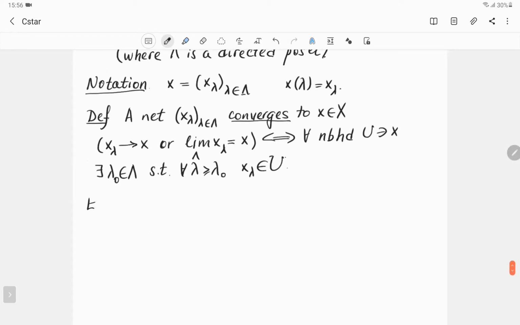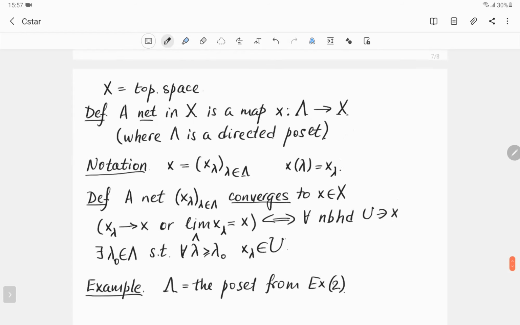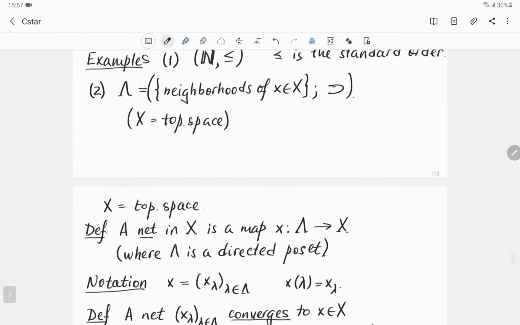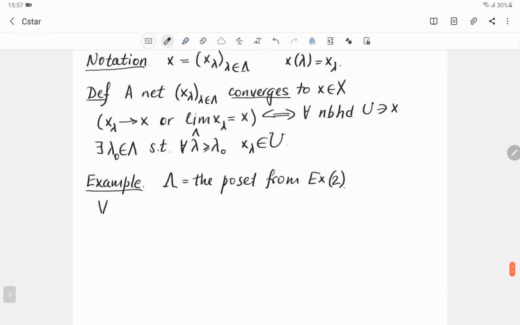And here's a useful example. So let lambda be the poset from our previous example. So this is a set of all neighborhoods of a point in a topological space. So for each element U in lambda, let's choose an arbitrary point in this neighborhood.